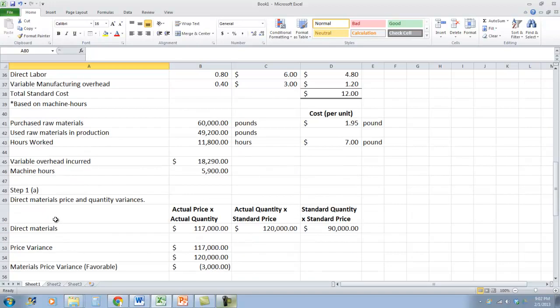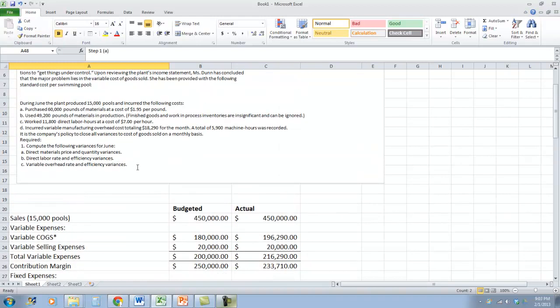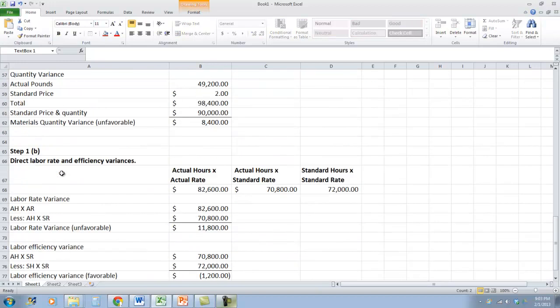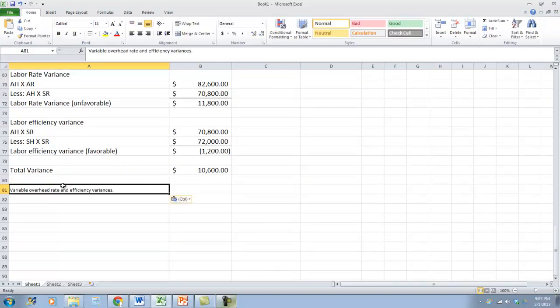Step C. I should probably highlight this in dark so I know where we are. Step C. Calculate variable overhead rate and efficiency variance.